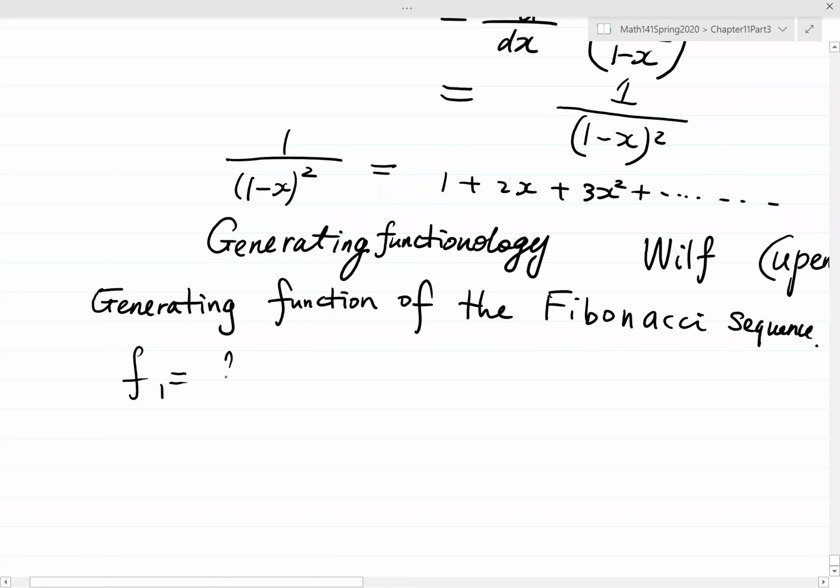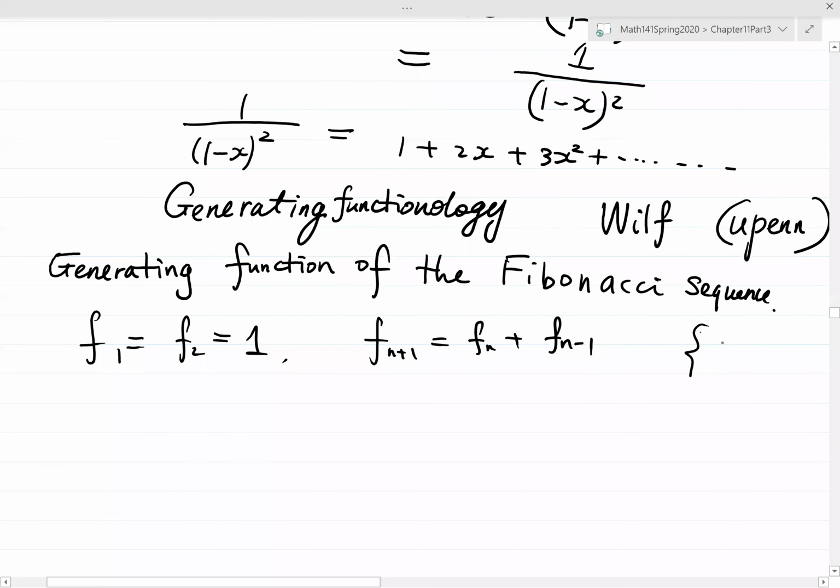F1 is equal to F2 equals 1. Then F(n+1) equals F(n) plus F(n-1). So we get the Fibonacci sequence, n from 1 to infinity. This is the famous Fibonacci number.